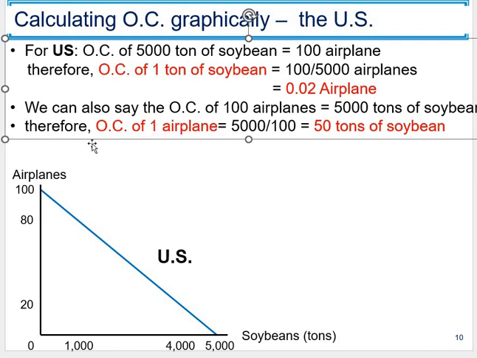So that's the definition of the opportunity cost of 1 airplane: 50 tons of soybeans.